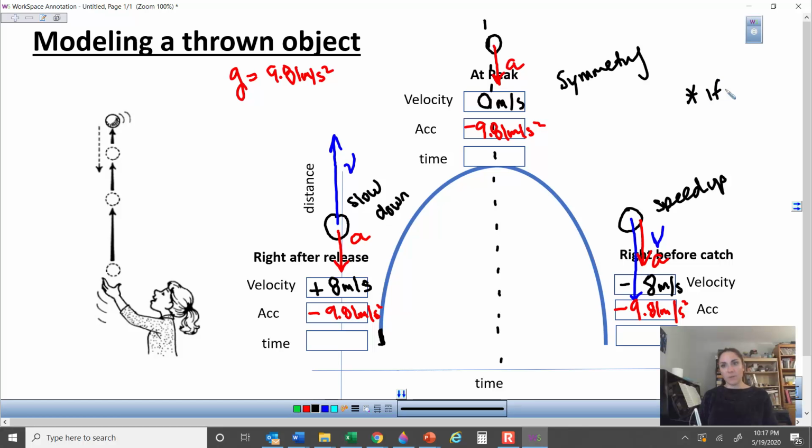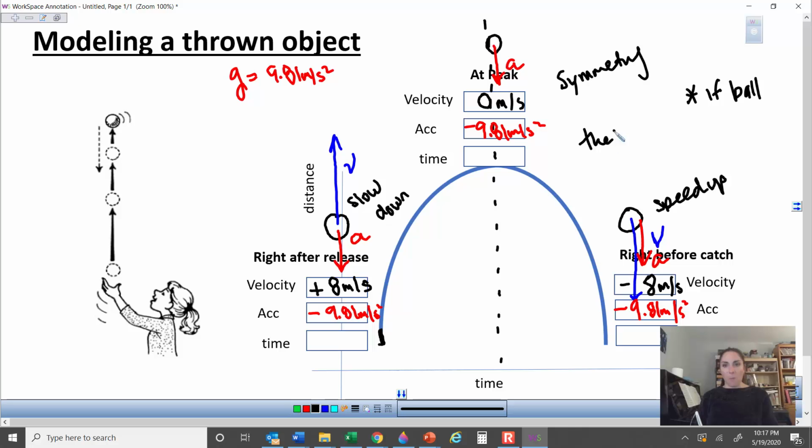So if the ball is, now the ball doesn't actually have to be caught, it just has to be at that position. If the ball is at the same position at which you caught it, the velocity will be the same.